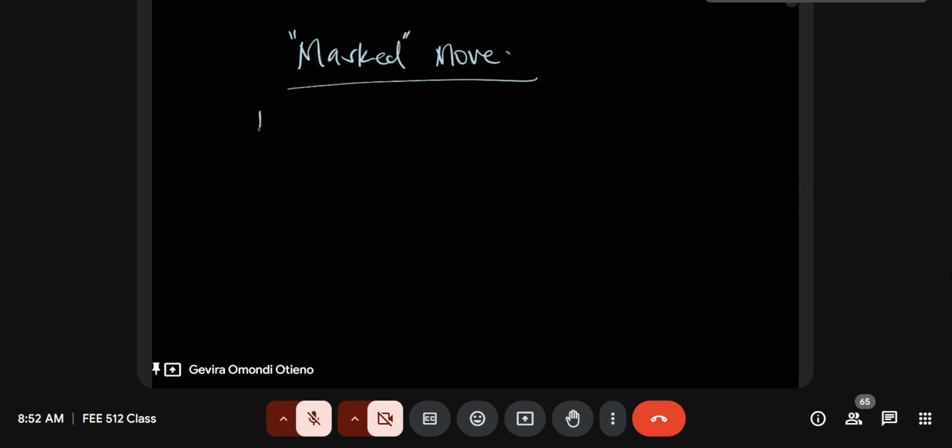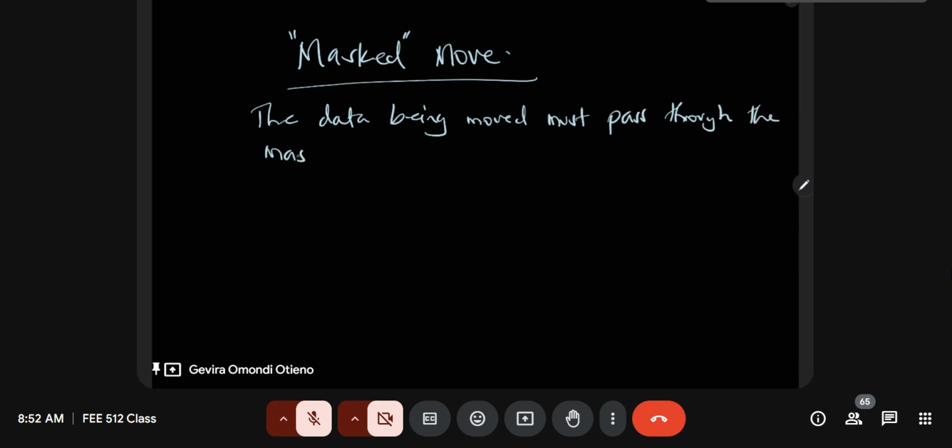So here it simply means that the data being moved must pass through the mask to get to the destination address. Very, very important: here you're not just moving the contents of the source to the destination straight away. You have to go through a mask. So the mask itself is a control mechanism.